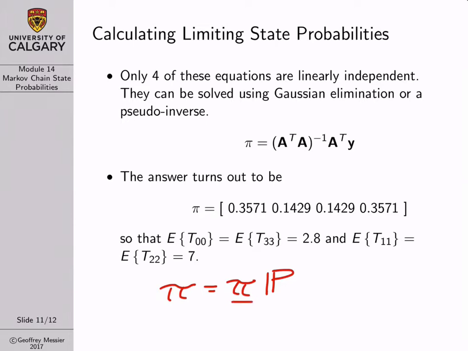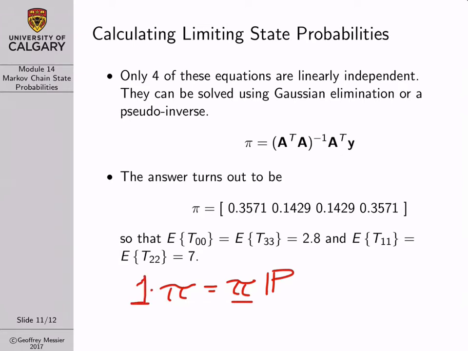Normally, the first time you learn eigenvectors, the eigenvectors are columns, and they're on the right-hand side of the matrix. That's what's known as a right eigenvector. If they're row vectors and they're on the left, then they're left eigenvectors. And so pi would be the left eigenvector, and the eigenvalue would just be equal to the scalar value of 1.